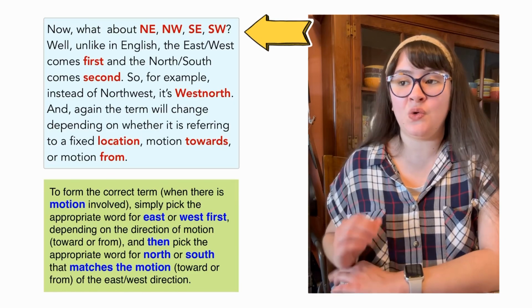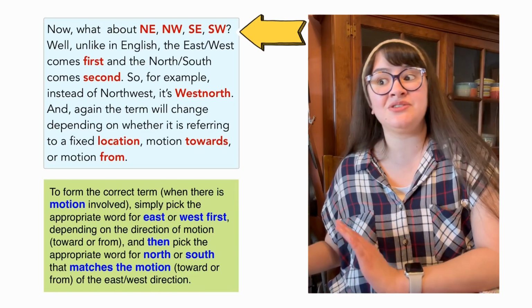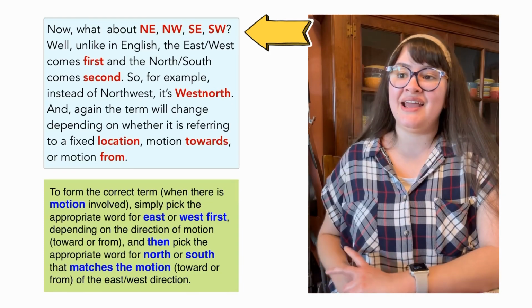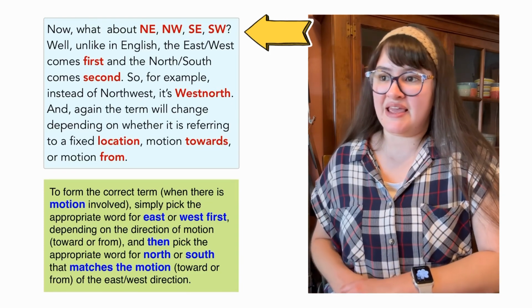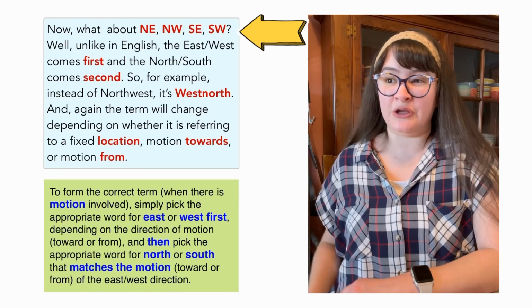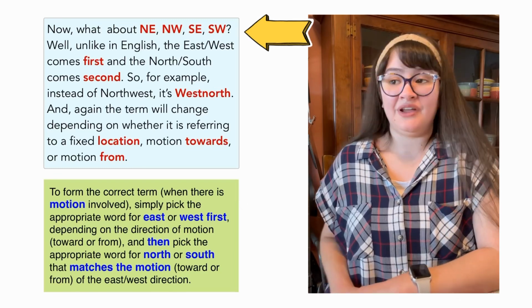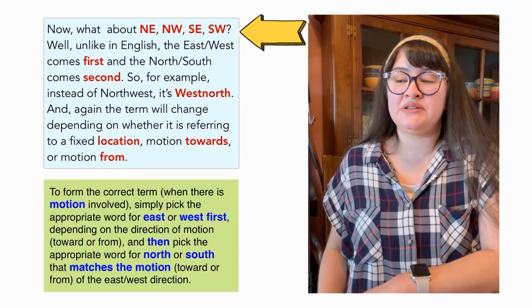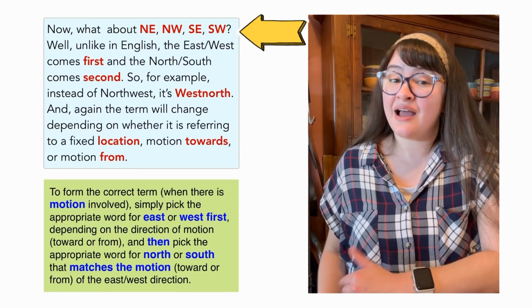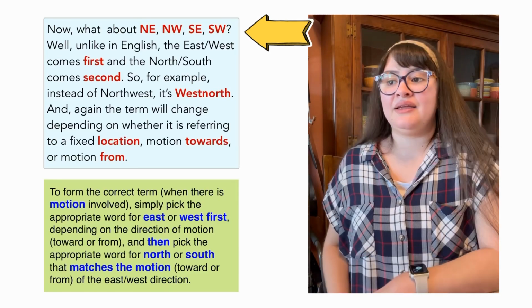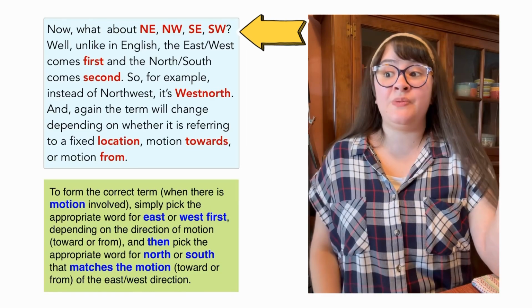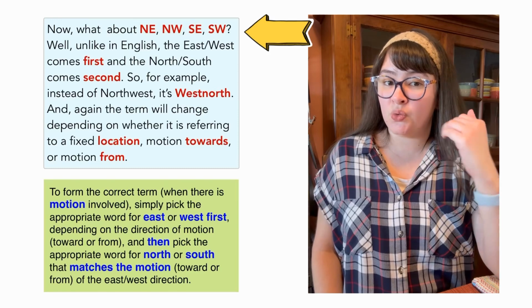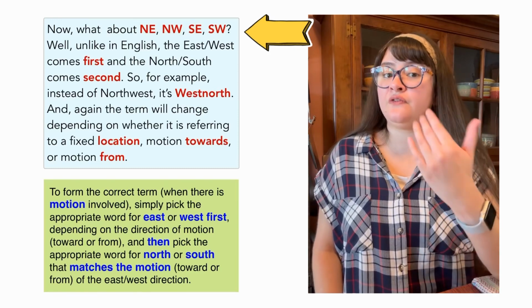Now what about northeast, northwest, southeast, southwest? These are called the intercardinal directions, and unlike in English, the east/west comes first in Irish, and the north or south comes second. So for example, instead of northwest, in Irish it's west-north. And again, the term will change depending on whether it's referring to a fixed location, motion towards, or motion from.